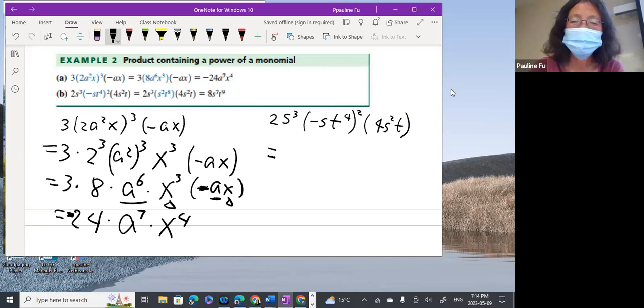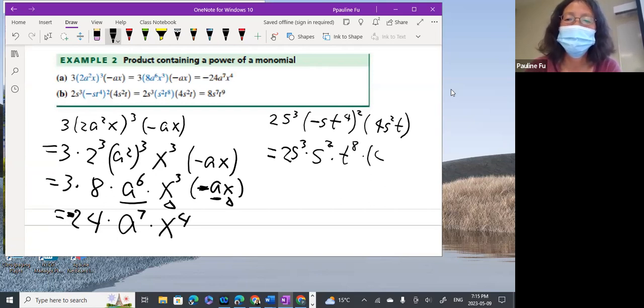Okay, first, copy down 2x cubed. Now, negative something squared becomes positive. So it becomes s squared t to power 8.